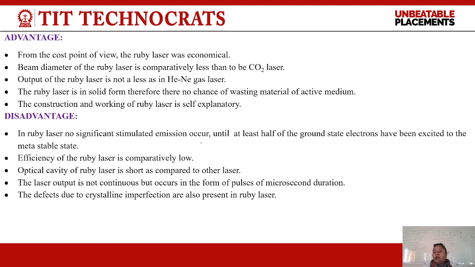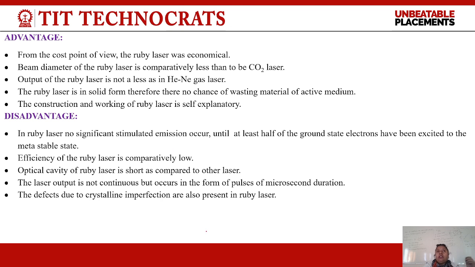Significant stimulated emission occurs only when at least half of the ground state electrons have been excited to the metastable state. The ground state is not always empty, which is why we need more and more energy to excite the particles from the ground state to the excited state.